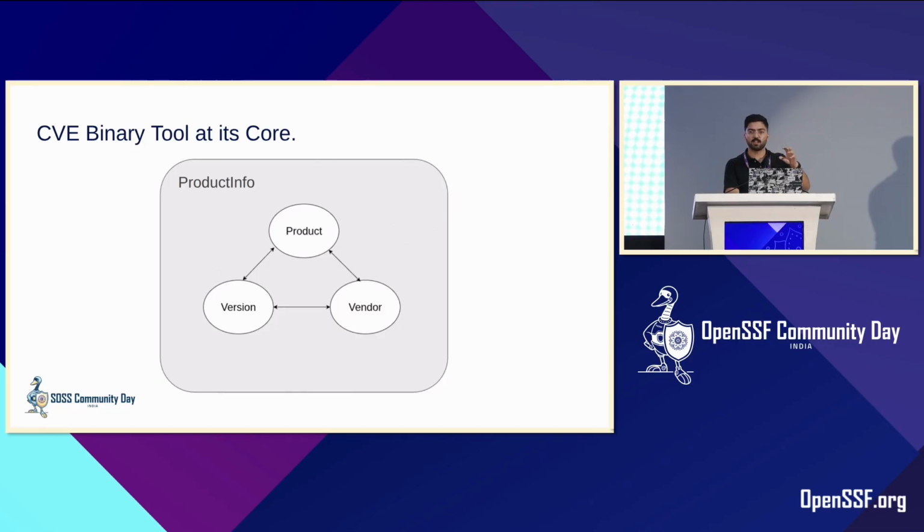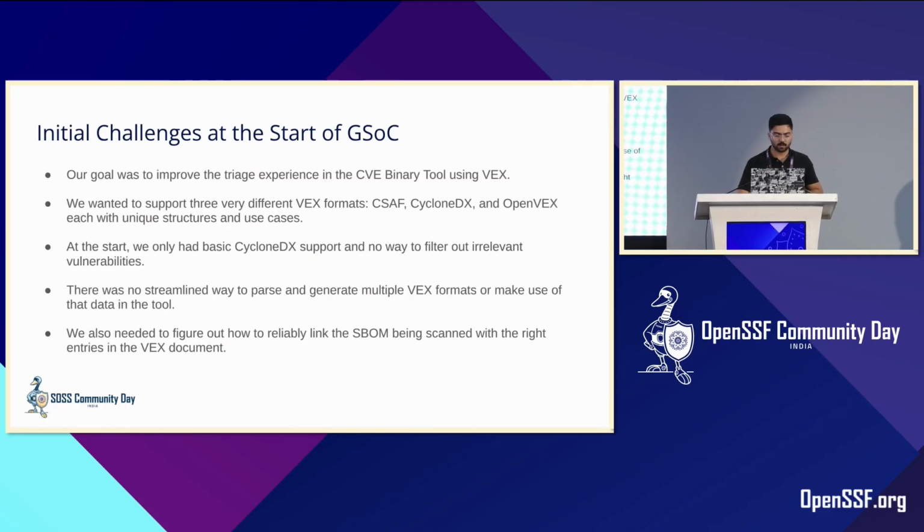Using this, you can fetch the vulnerability database, and you'll get all the vulnerabilities related to this particular product info. So in any binary checker, any language parser, any SBOM, any VEX, we try to extract these 3 things and map them to a database. The initial challenges at the start of GSoC last year were mainly to improve the experience.